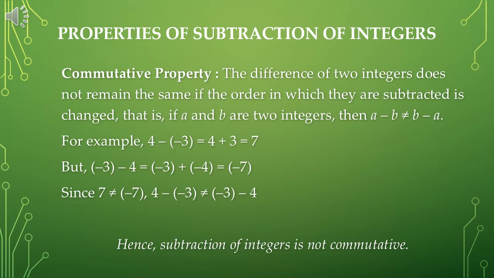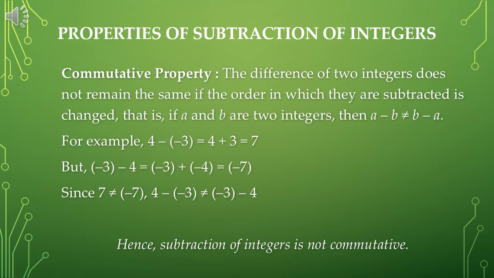Let us discuss some examples here. Our first example is plus 4 and minus 3, the two integers. Now plus 4 minus 3, so minus minus will become plus. So 4 plus 3 is 7. Now if we change the order of these two integers, then minus 3 will come first and then minus 4 will come.